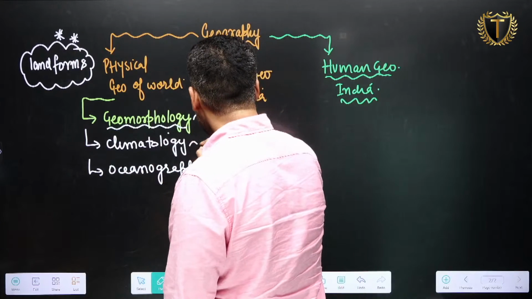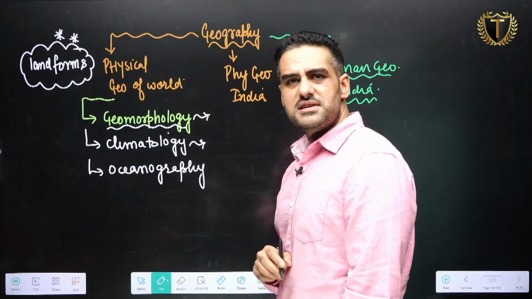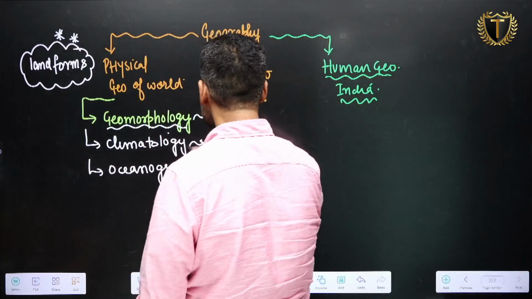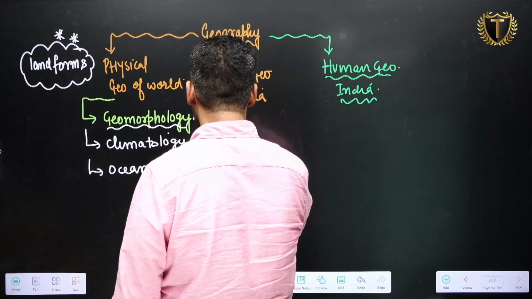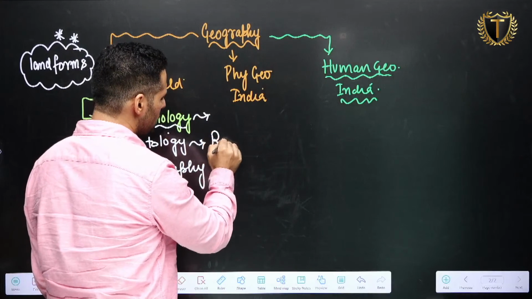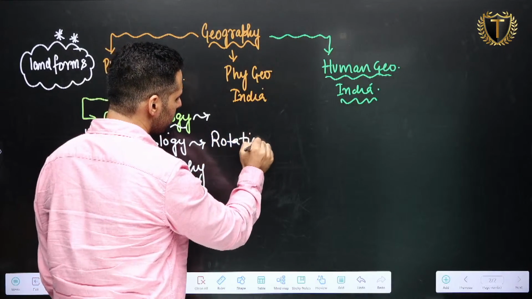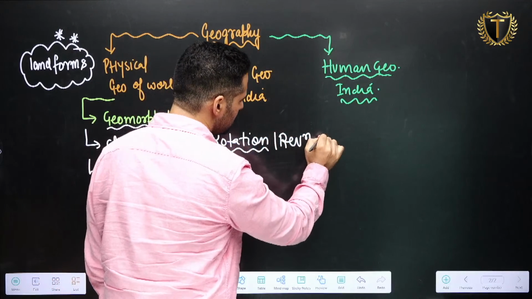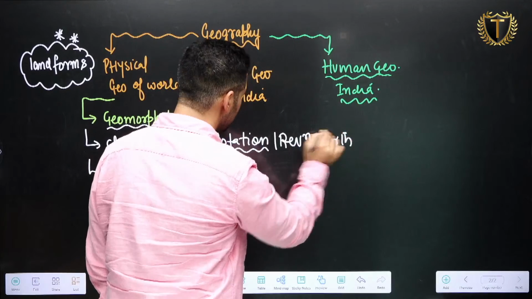Then, when we talk about climatology, what is there in climatology? In this climatology, we will first discuss the very basics, like what is rotation of earth, revolution of earth. What will this part cover?